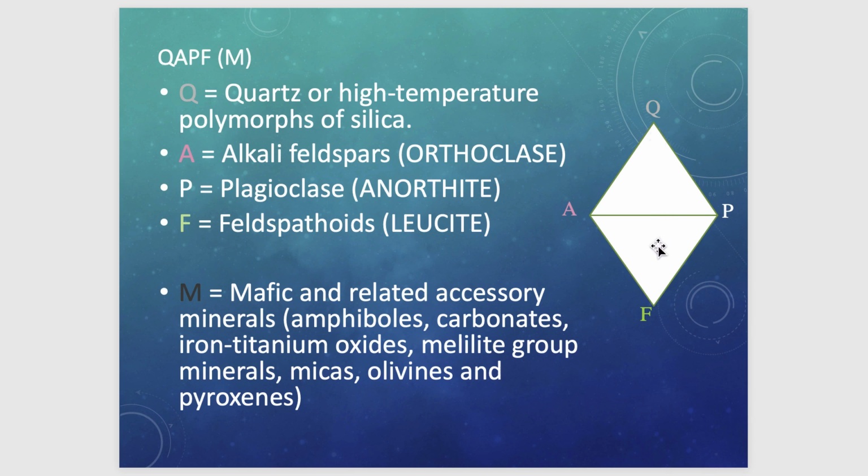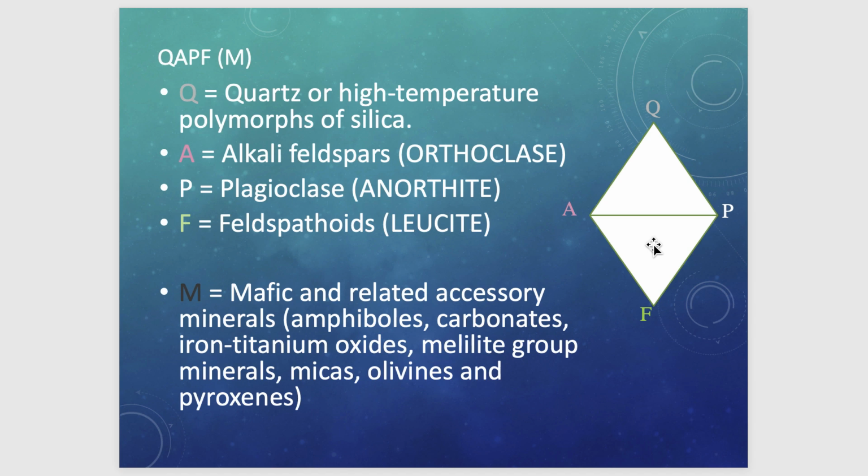Well, you would be pushing things down here because you start to have some percentages as soon as you move across this line of feldspathoids. So if it's only 50-50 between alkali feldspar and feldspathoids, I would be right here, and then I can move in here as soon as I increase the amount of plagioclase. If I have a mixture of 50-50 between plagioclase and 50-50 between alkali feldspar and feldspathoids, I'm right in the middle of this triangle.